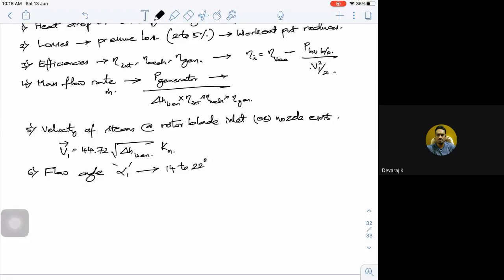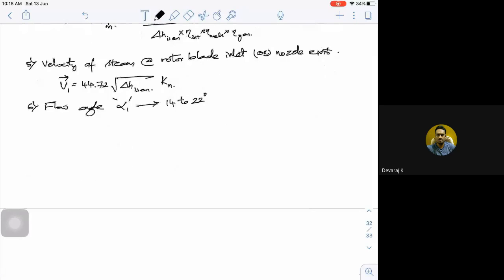Once you have this, we have to plot certain things. Already we know what those are: efficiency versus phi. What is phi actually?